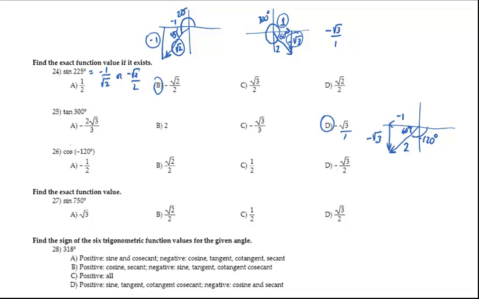So the cosine of that would be the adjacent over the hypotenuse. So you would say cosine of -120 would equal -1 over 2, and that would be choice A.